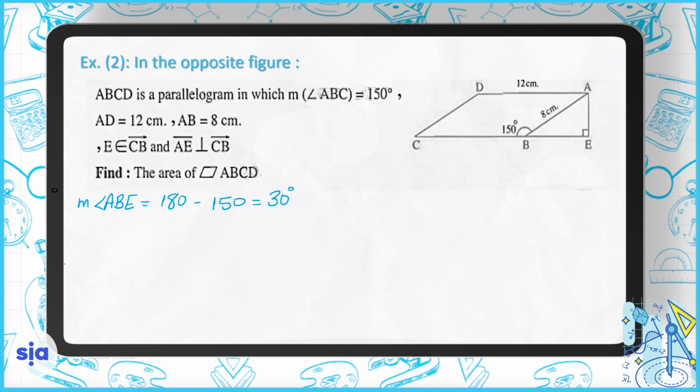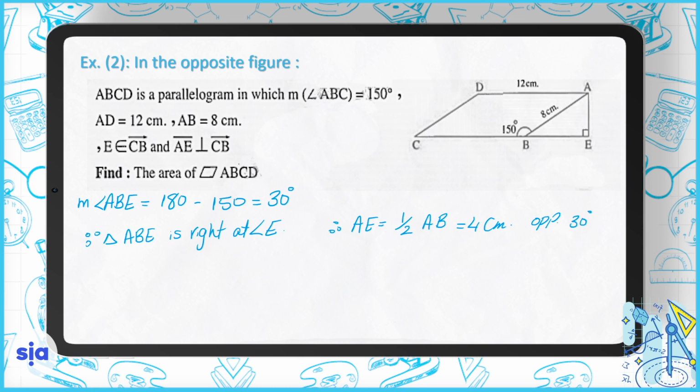Therefore, since triangle ABE is right-angled at E, AE is half AB, which is 4 centimeters, because the side opposite to the 30 degrees is half the hypotenuse.